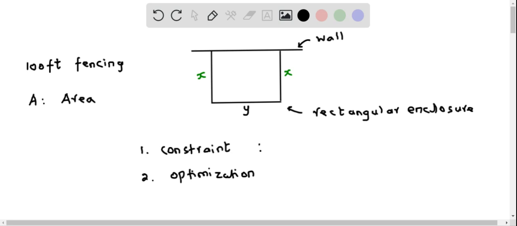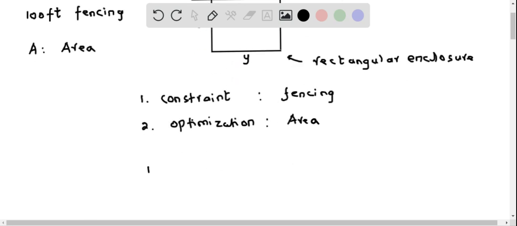We create the constraint equation using the fencing information, and we have to optimize the area. So we create this optimization equation using the area information. So first, let's create the constraint equation using the fencing.